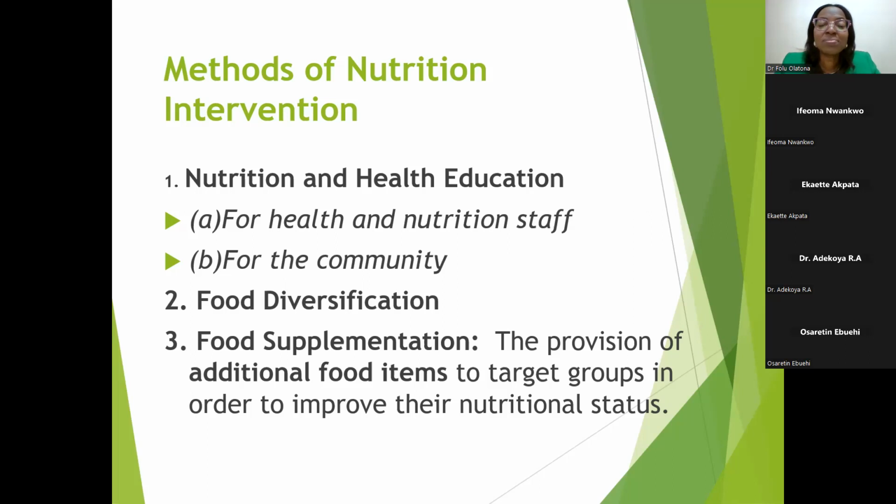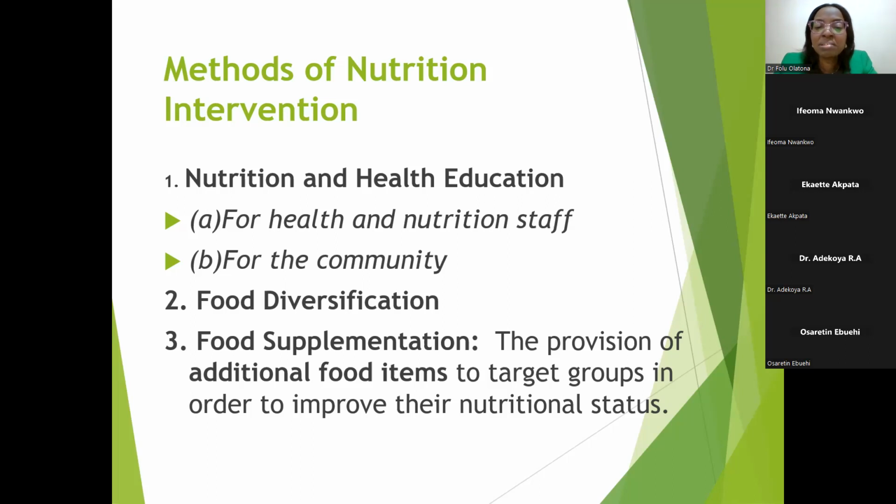But I think we should even start with reintroducing our own food. Many people are not even aware of many of our local foods. So we need to pay attention to food diversification. That can be a whole lot of interventions just to introduce foods to people, to plant new seedlings, to introduce novel foods, or to reintroduce foods that were eaten in the past.